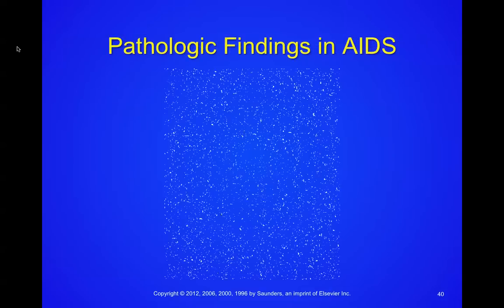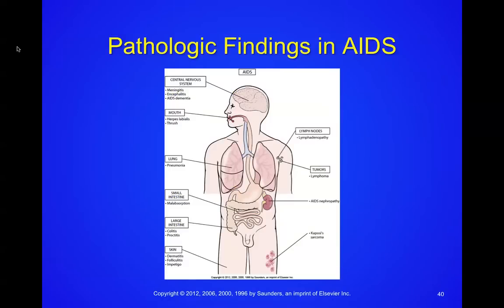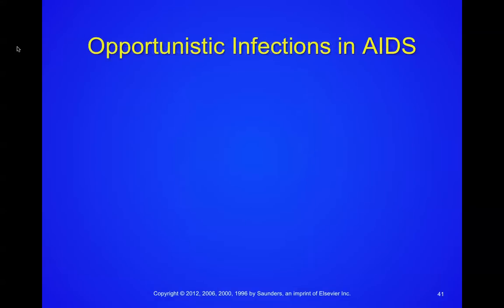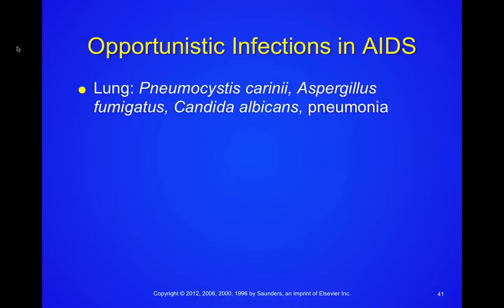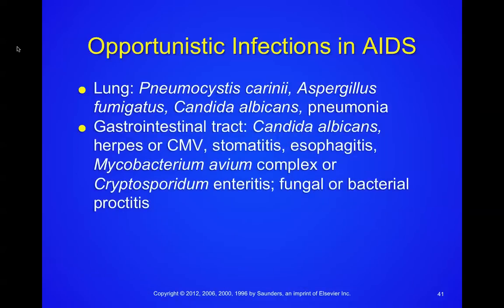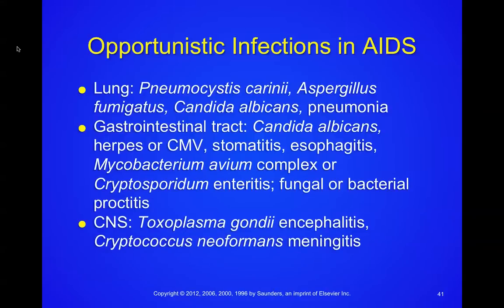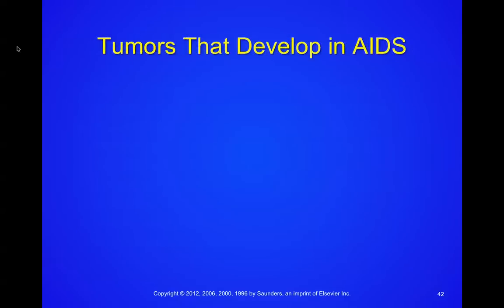AIDS is a systemic disease that can lead to pathologic changes throughout the body. Immunodeficiency leaves the patient vulnerable to various opportunistic infections of the lung, the gastrointestinal tract, and the central nervous system. The malignant tumors that can develop in AIDS are important causes of death.